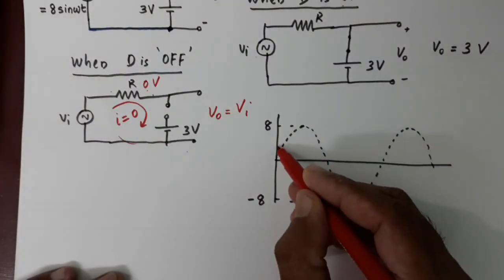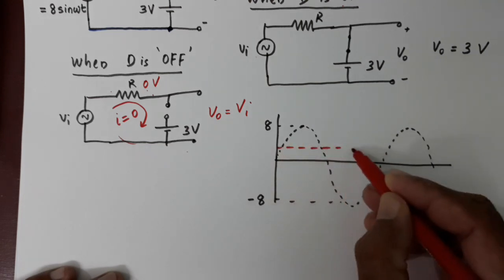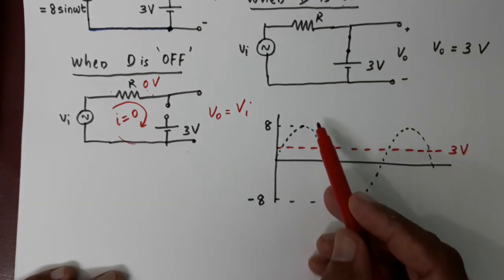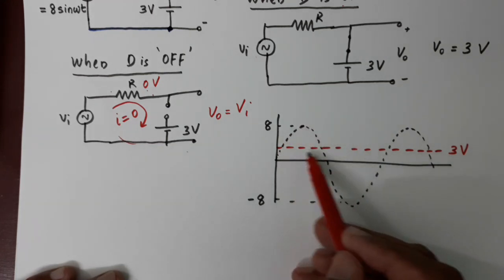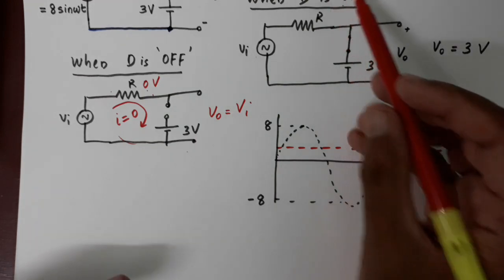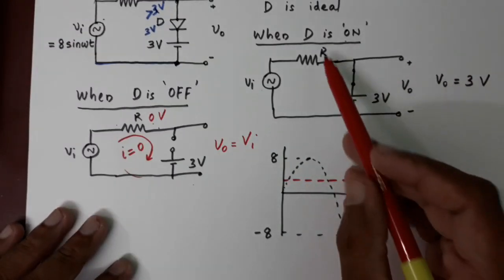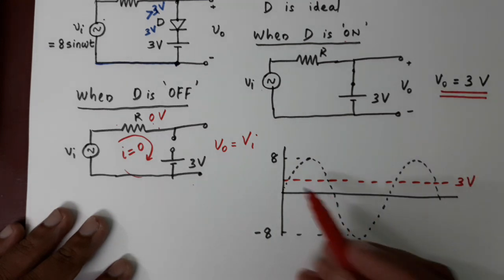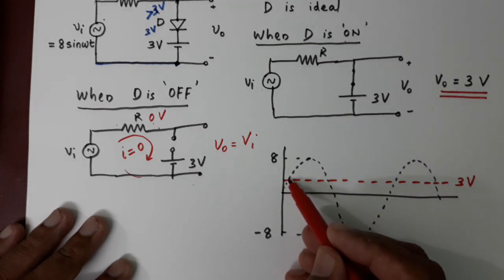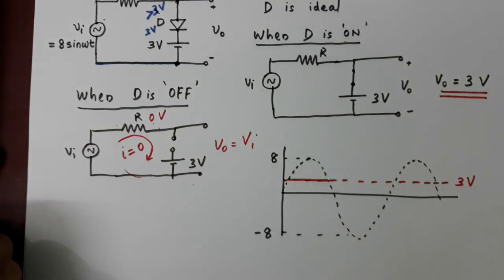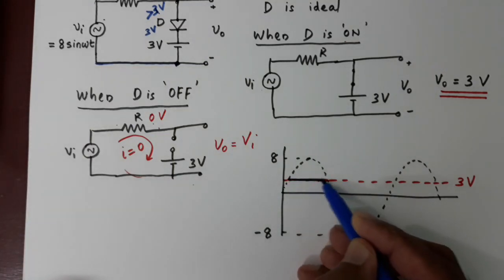Whenever the input voltage exceeds this 3 volt level, the diode will turn on, and when the diode is on, the output will be fixed at 3 volt.